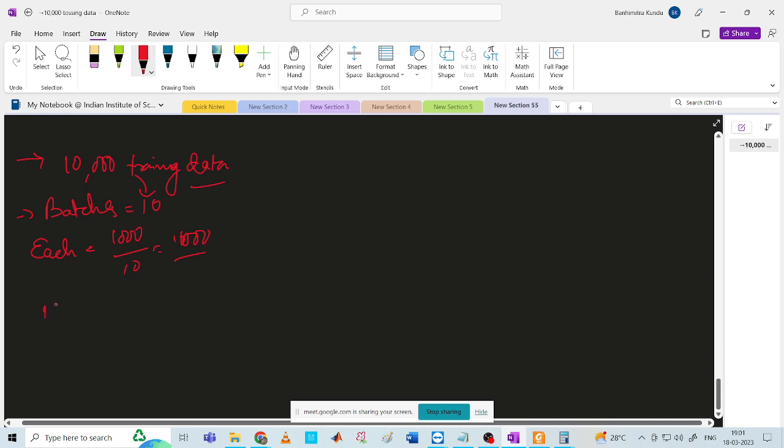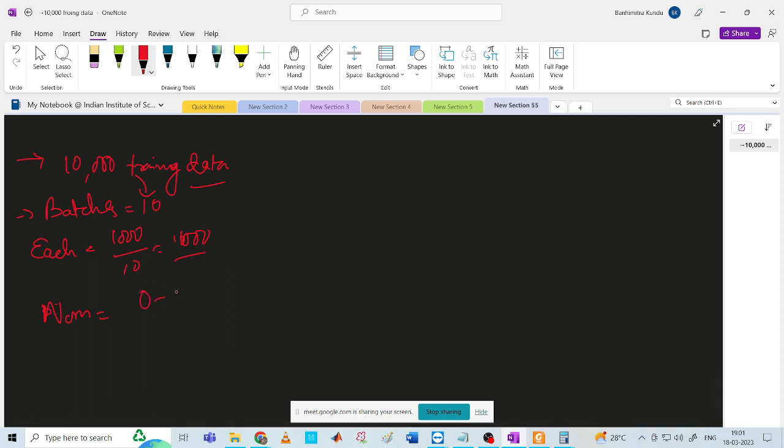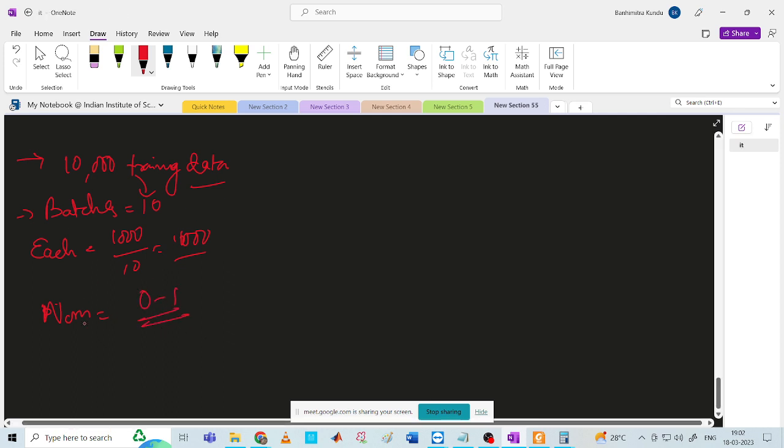Now you normalize. Normalize means you take all the data of this training set and you divide with the maximum number. So you normalize the whole training set to 0 to 1. This happens for each batch. So this is called batch normalization.